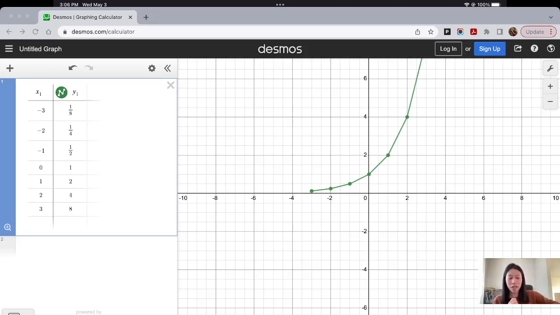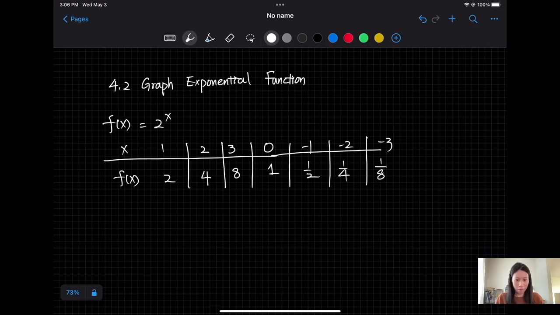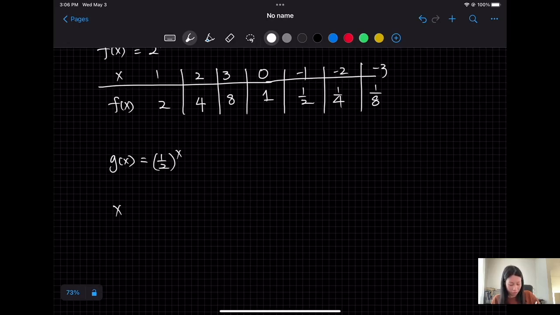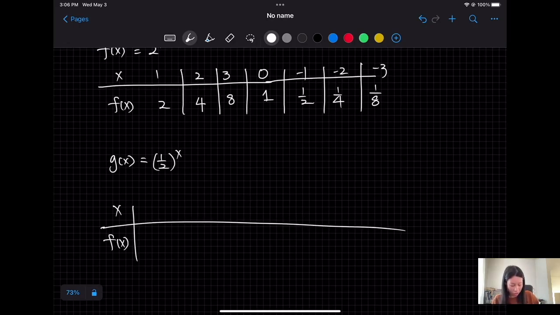So now let's try another function. If I have a function g(x) equals 1/2 to the x, let's make a table like what we did earlier. We're starting with negative 3, negative 2, negative 1, 0, 1, 2, 3.